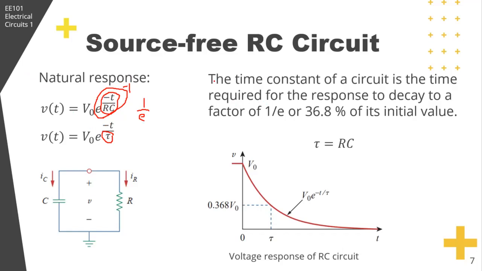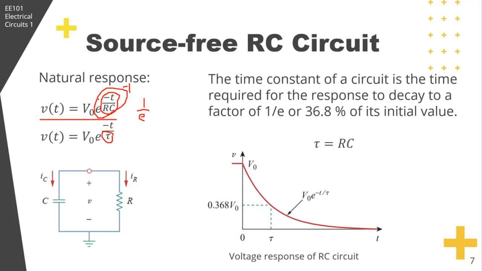Because the time constant is the time required for your response to become equal to 1/e, or 36.8% of your initial value.